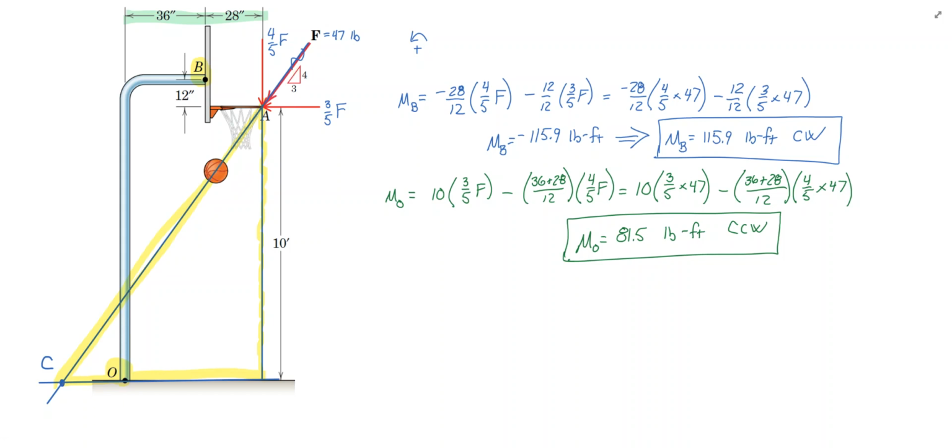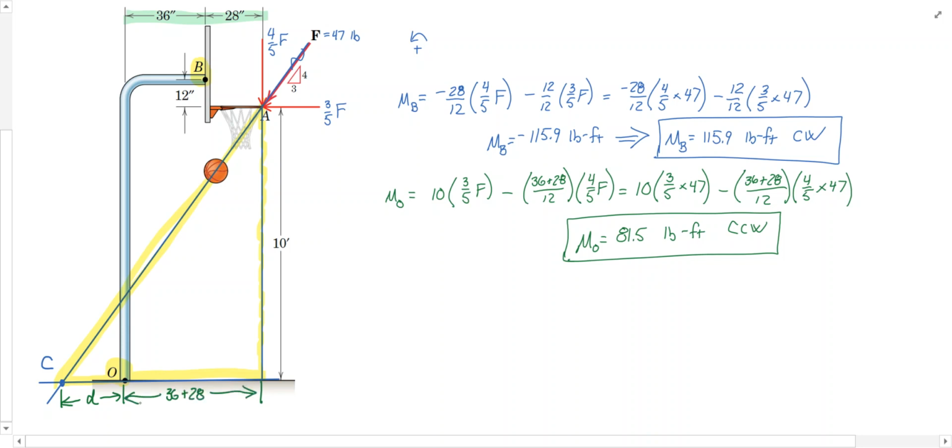So I'm looking for some distance here that is d. And so the total base here is d, and then 36 plus 28, because that's the total number of inches that I have to get from C all the way out here to this point of application at A. The height of this triangle is 10 feet, which is 120 inches.